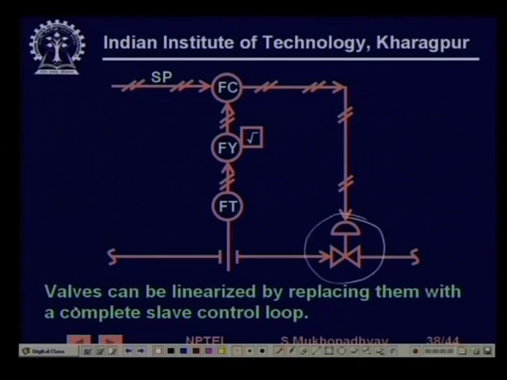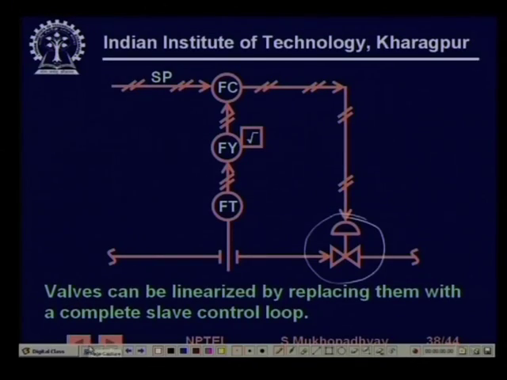Rather than giving the temperature controller output directly to the valve, which has nonlinearities, dead bands, and hysteresis, as we have seen, it is better to set up a flow control loop, which is a slave loop, in the sense that the temperature control loop is the master control loop. So, the temperature controller output will give a flow set point, as we have seen in the case of cascade.